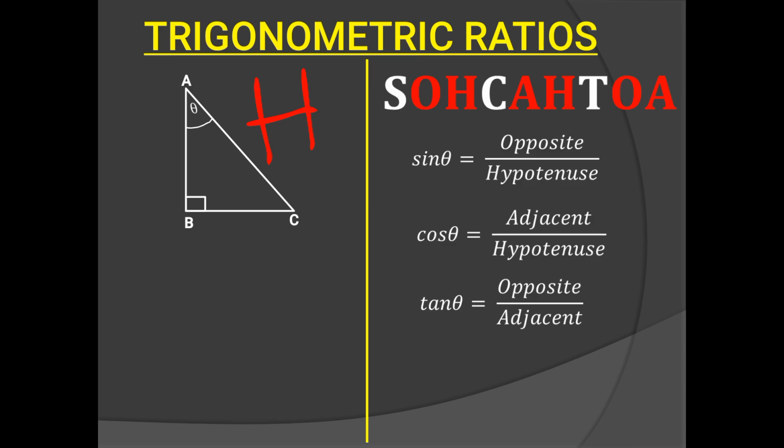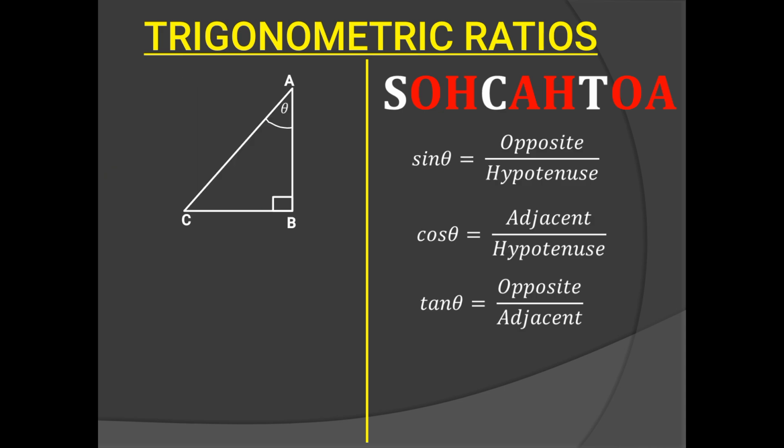This is our theta, right? Let's continue with that line. So our opposite is what? Line BC. Then automatically our adjacent becomes line AB. Are we together? Good. Now that we have been able to identify them, let's move on.